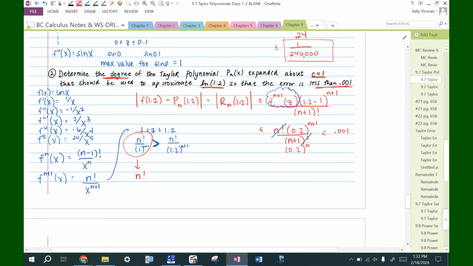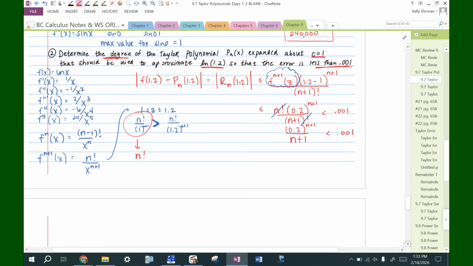So now it's 0.2 to the n plus 1 over just n plus 1. If I have a calculator, I can start plugging stuff in. If I don't, I need to work on this. 0.2 is 2/10, which is 1/5. So you could also write this as 1 over 5 to the n plus 1 times the quantity n plus 1. And you're trying to get that to be less than 1 over 1,000.